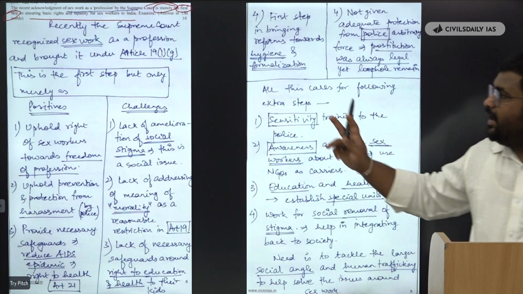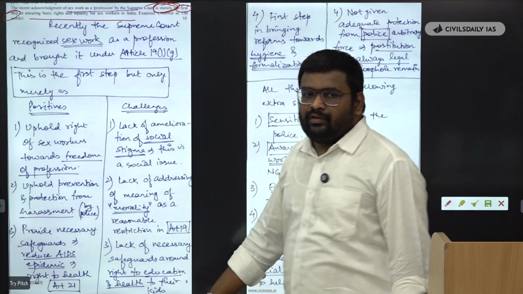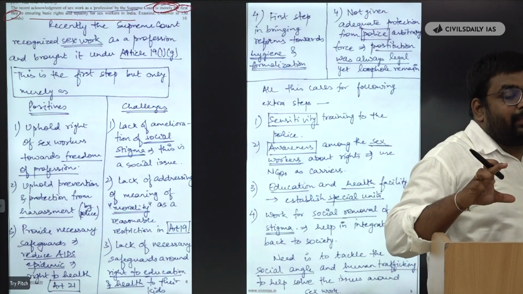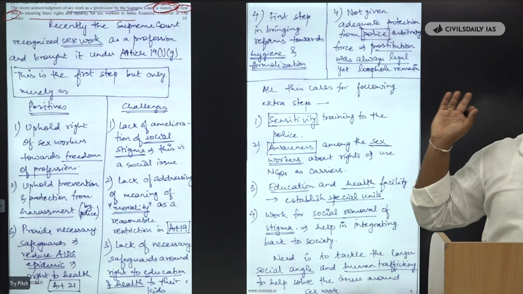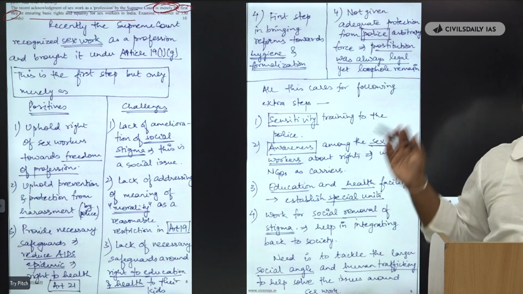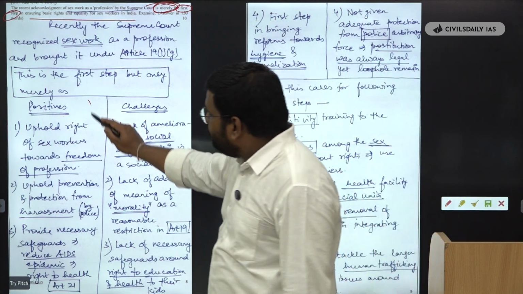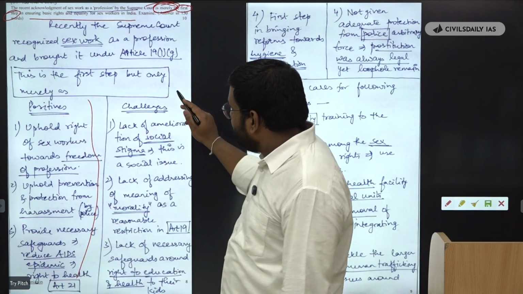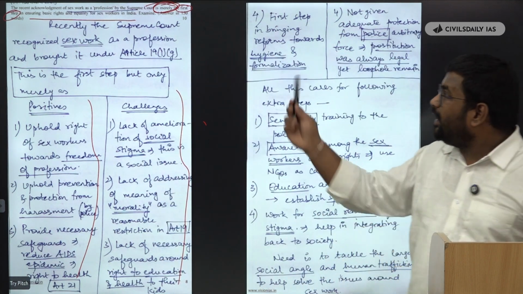It is a bidirectional question where they are talking about it is merely a first step. That means it is a good step, but their transformation or upliftment will require more steps than this. So the positives of this step you have to highlight, and the challenges of this step also you have to highlight. Here directive doesn't matter.